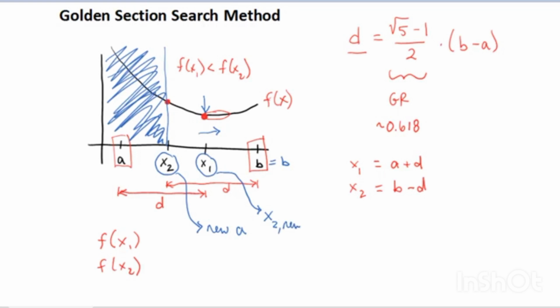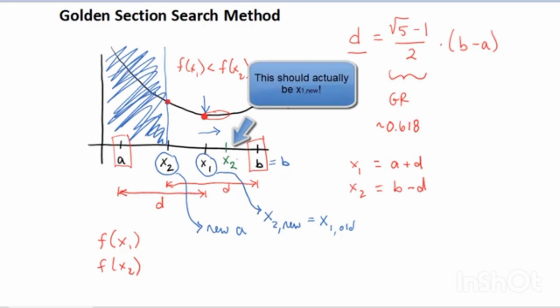So new x2 is equal to old x1. Because we've renamed x2 as a and x1 as the new x2, we're actually going to have to calculate, in this remaining bound, a new x2.